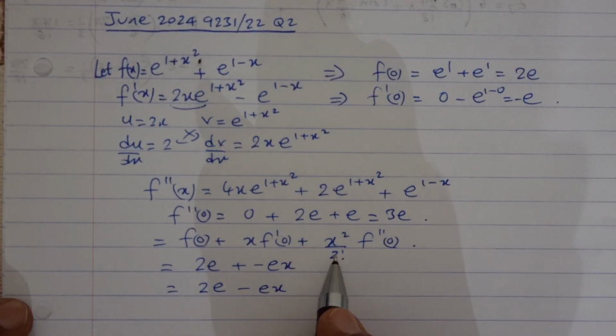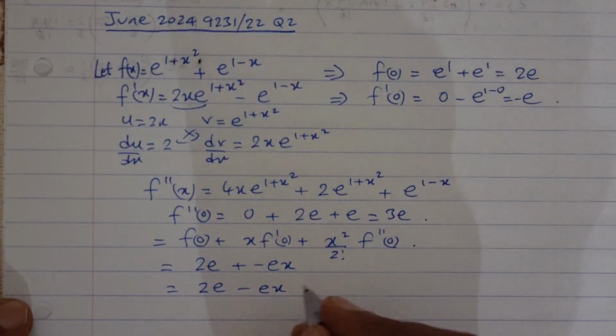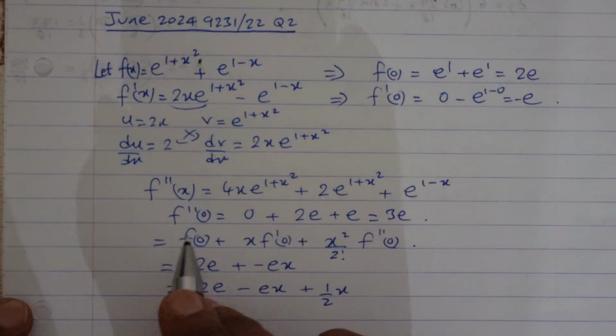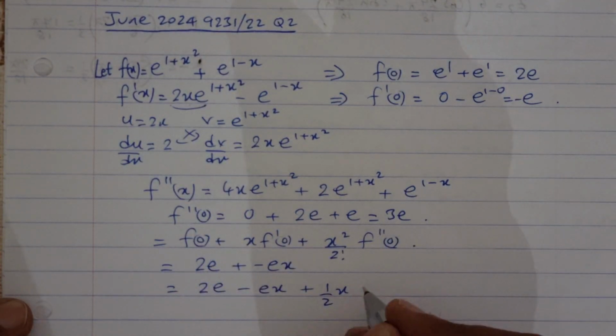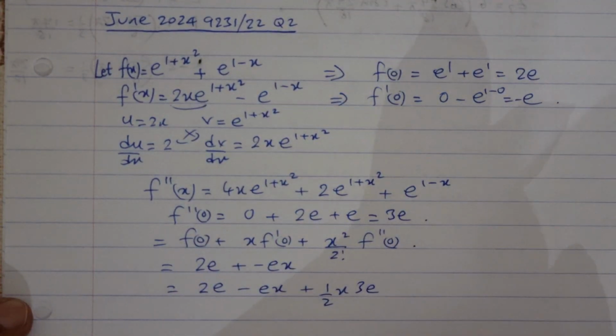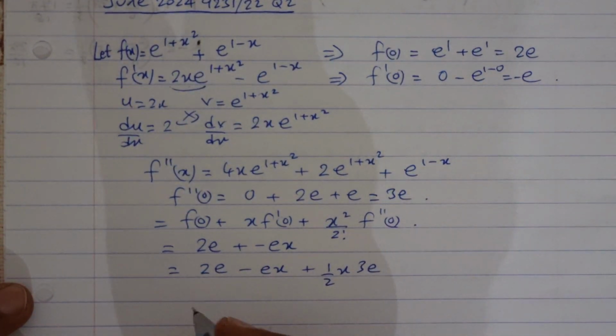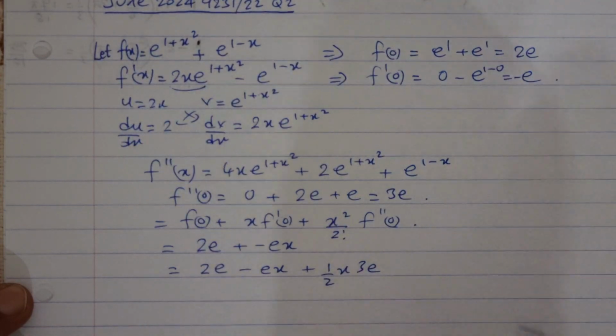And also over here, x squared over 2, so plus half x squared times f double prime of 0, and f double prime of 0 we found was 3e. So what we're saying then is that we have this for the Maclaurin's series. We can factorize the e outside, but we can leave it as it is.